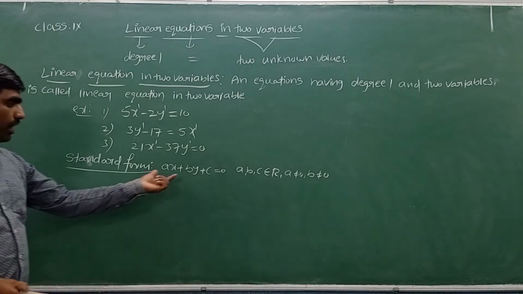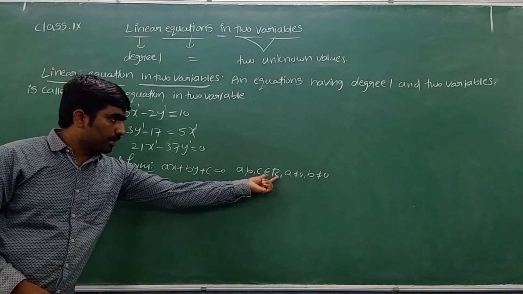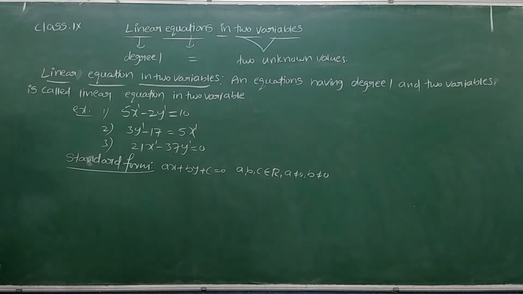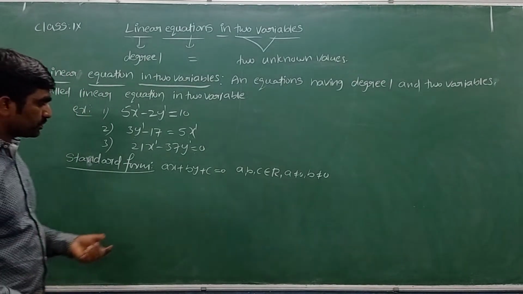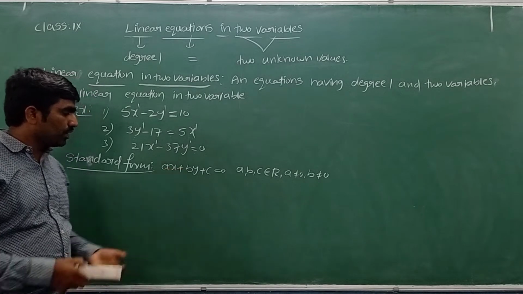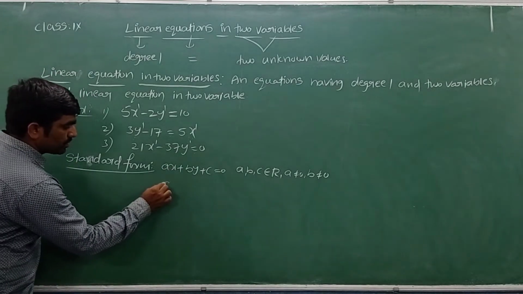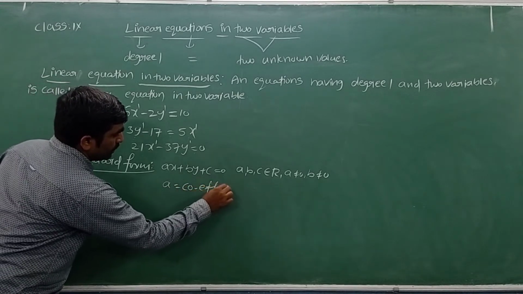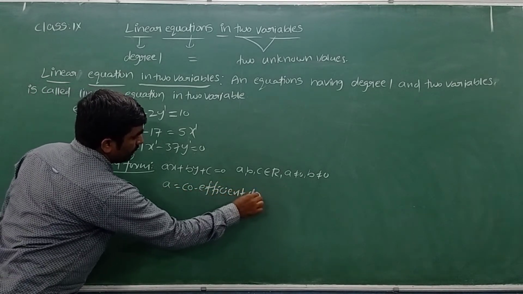So a, b are non-zero real numbers. c we can take as 0 also, or other than 0. a is what? The constant which is the coefficient of x. a is the coefficient of x.